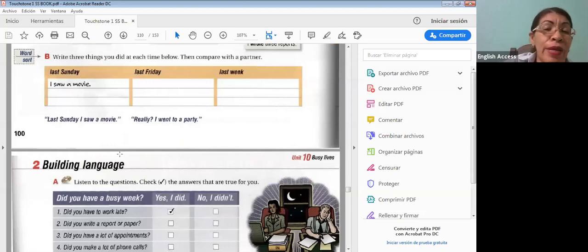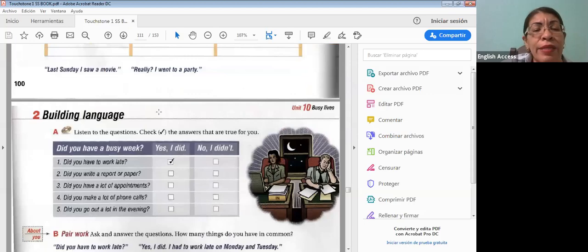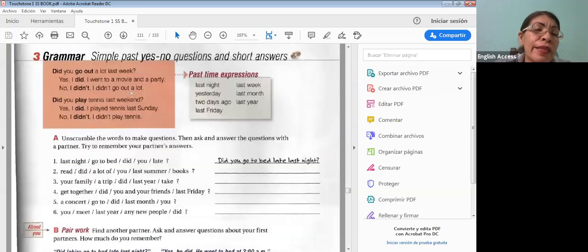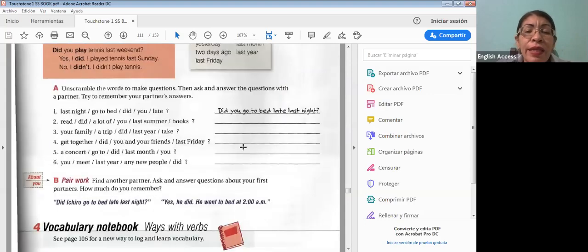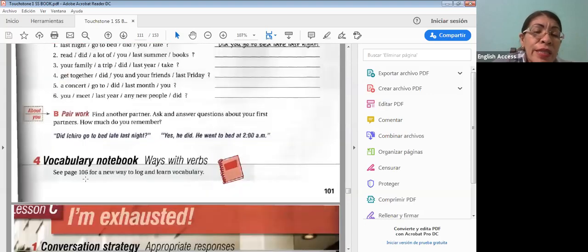What did you do last week? We practiced with yes/no questions. Did you have to work late? Did you make a lot of phone calls? We practiced with short answers like yes, I did, no, I didn't. And we finished this lesson completing a chart with some verbs in simple past.